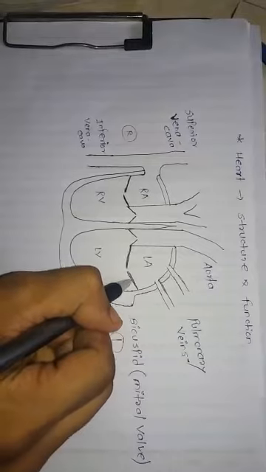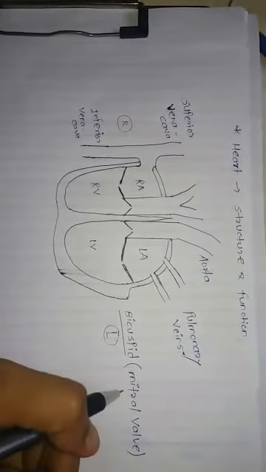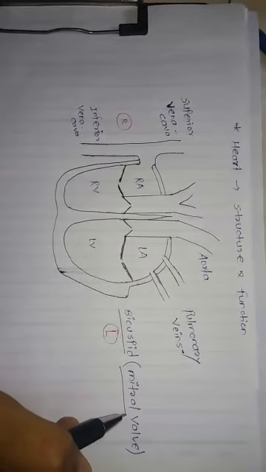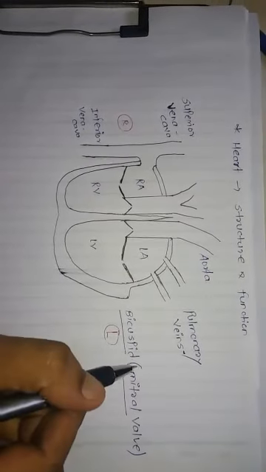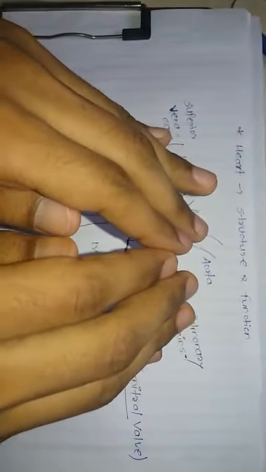It is also called the bicuspid valve. Its proper name is mitral valve. Bicuspid because it has 2 cusps, pointing downwards, and it opens like this.